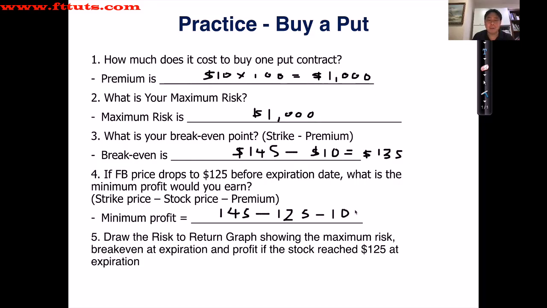So the minimum profit you would make would be $10 multiplied by 100 shares. So your minimum profit at expiration would be $1,000. There you go.